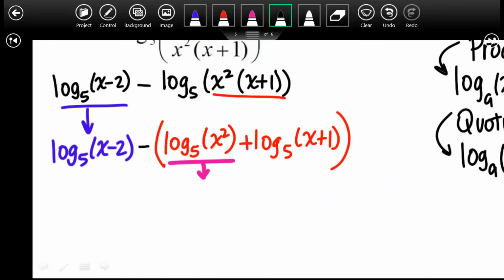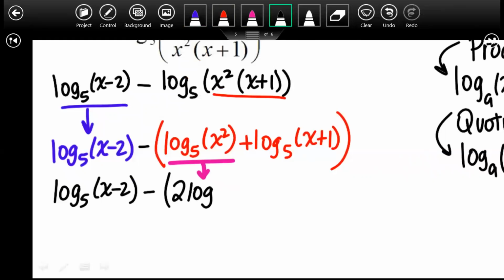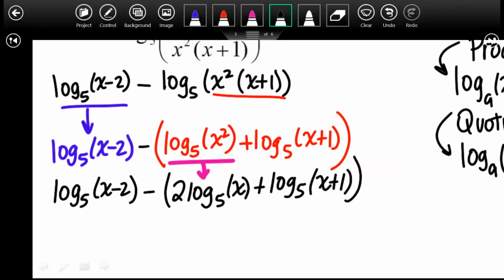So our last bit's going to be log base 5 of x minus 2, minus 2 log base 5 of x plus log base 5 of x plus 1. That's it.